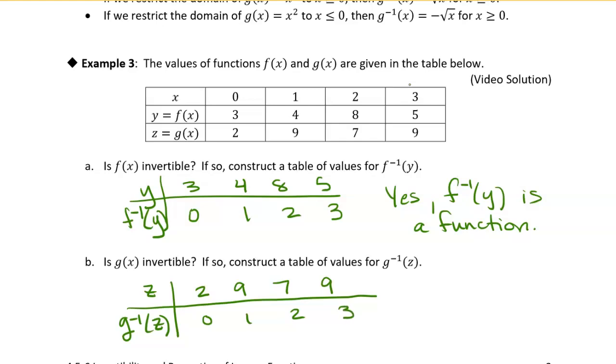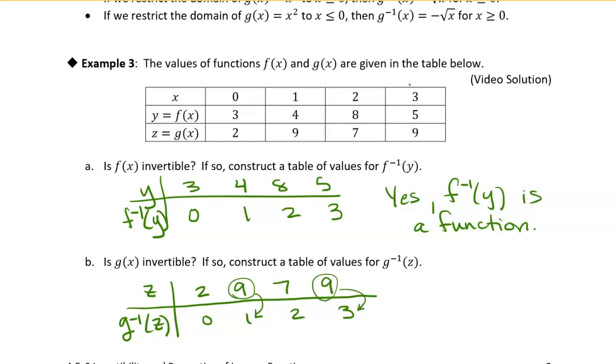So 9 can occur twice just as long as you always get the same answer, right? So here, if you put in z equals 9 into the inverse, you would get 1, and in this case, you would end up with 3.